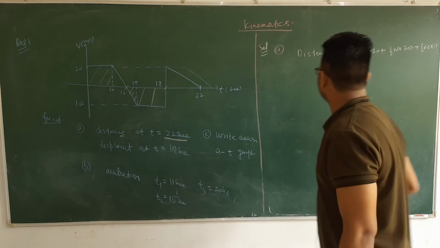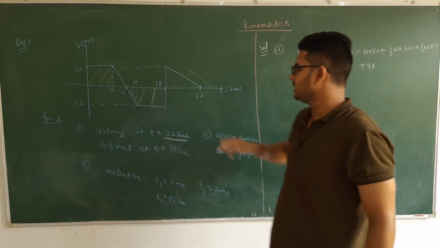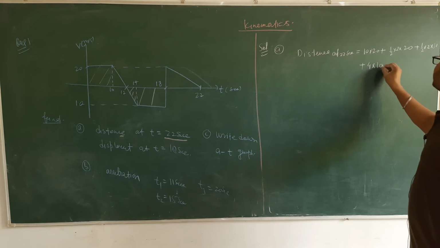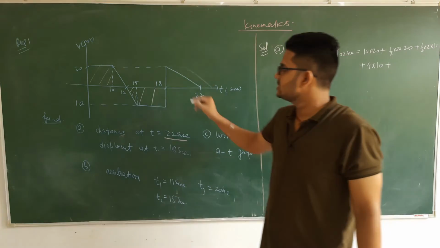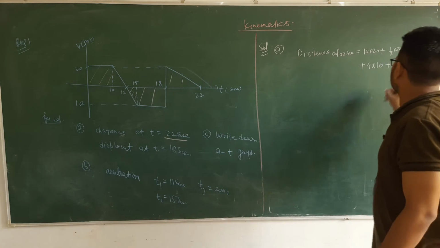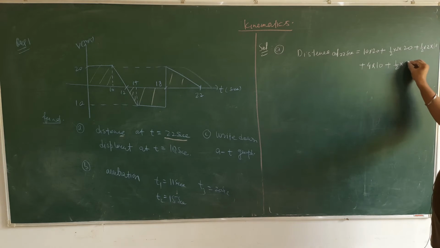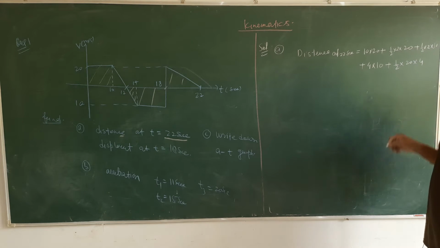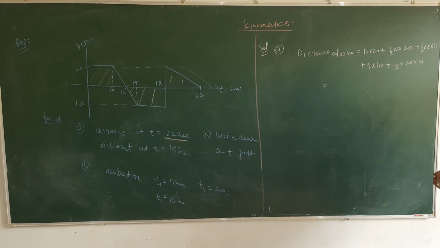Length is 4. What is the height? Height is 10. Okay, beta, this is 10 plus, and what is the area of this one? Area of this one is half into 20 into 4. So this is the distance at 22 second.